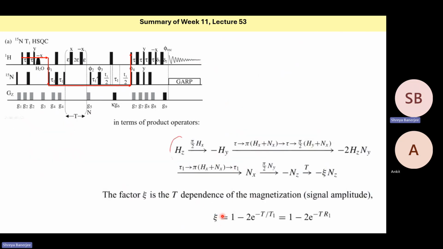This dependence is represented by epsilon, which is 1 minus 2e to the minus t by T1. And we know that 1 by T1 can be written as R1. So we can write it as 1 minus 2e to the minus t R1. This t is the time you are allowing for relaxation. So epsilon is basically describing the dependence of the magnetization on t.